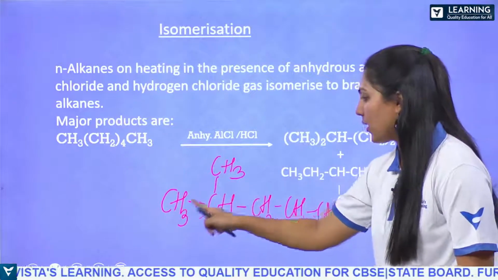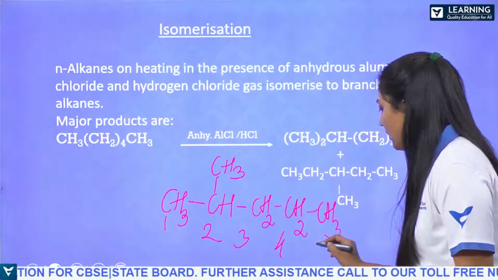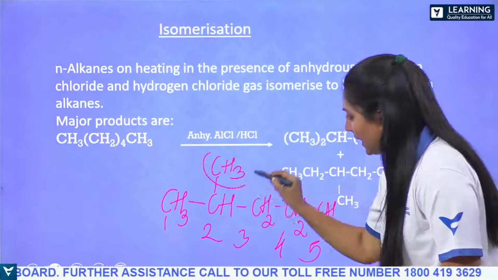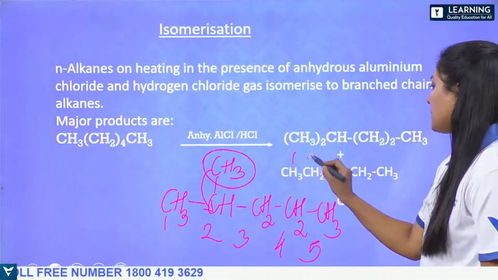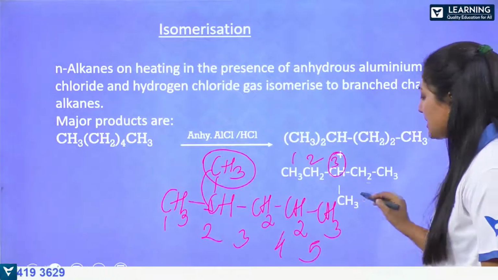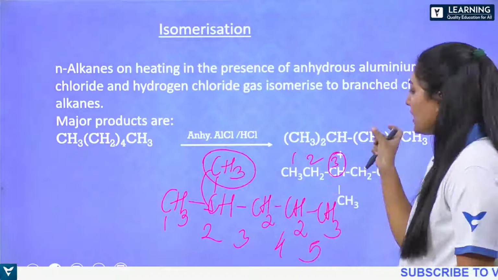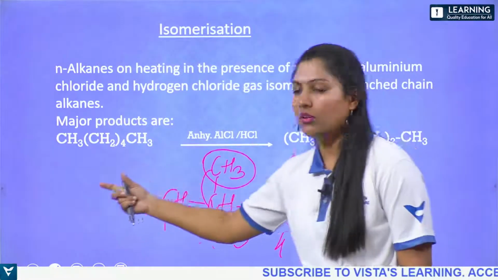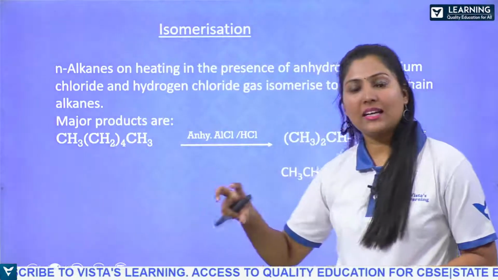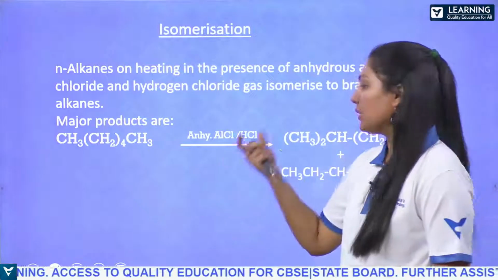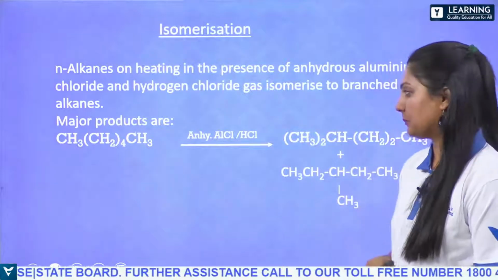You can see 1, 2, 3, 4, 5 pentane, but here the methyl group is attached to the second carbon atom, whereas here the methyl group is attached to the third carbon atom. This is 3-methyl pentane, whereas this is 2-methyl pentane. So these are the major products which we got from hexane undergoing branching. How can an N-alkane be converted into branched alkanes? Using anhydrous aluminum chloride in presence of hydrochloric gas.